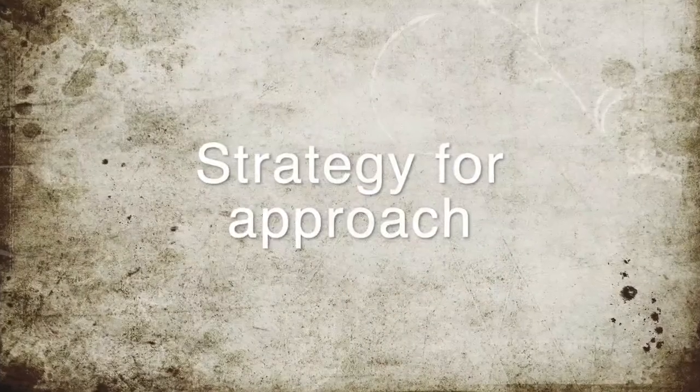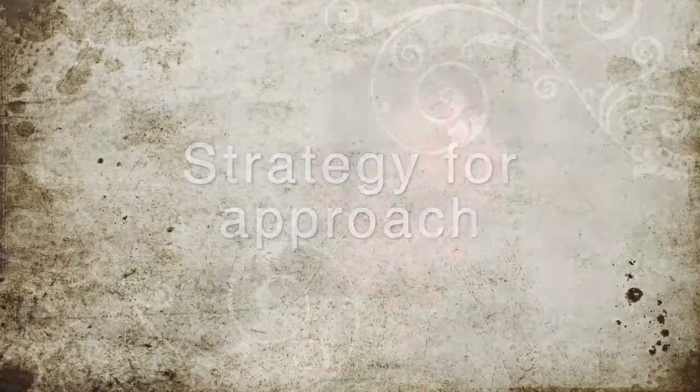Last but not least, what approach am I going to use for conquering this monster of mathematics paper 2? So buckle up, get yourself ready, and let's start by looking at the different topics.